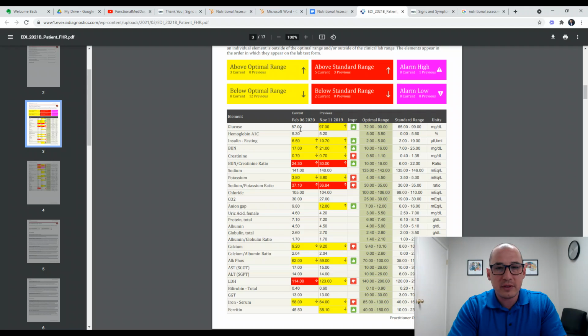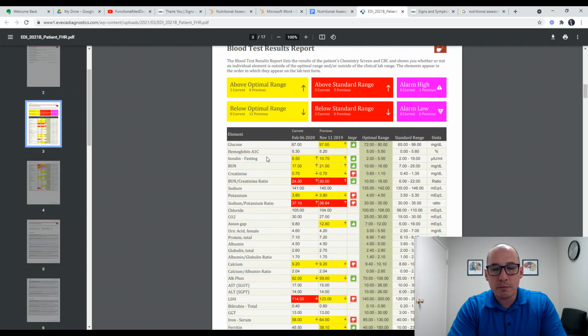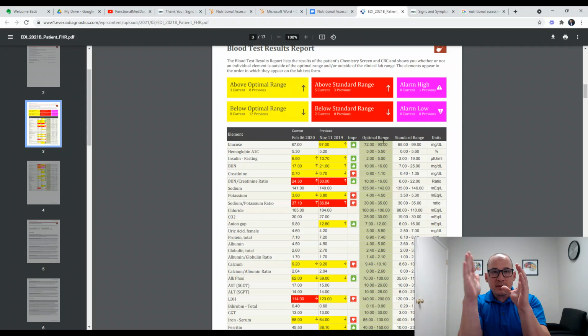But what's cool about this is on our functional health reports, we don't just list out what the standard medical range is, which you can see here over on the right. And anything outside, for example, BUN creatinine, anything outside the standard medical range gets bolded in red. And then what's really cool is the optimal range is more of what I call functional ranges, okay? So as a functional medicine doctor, as soon as something comes outside of functional, let's do something about it.